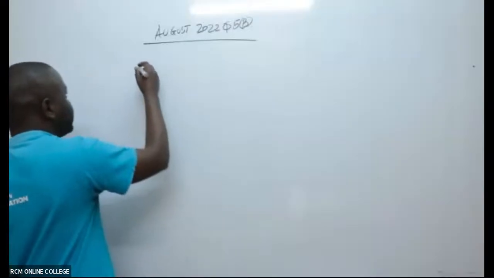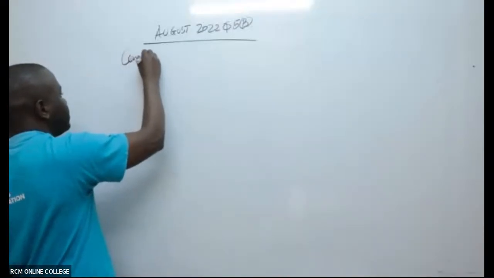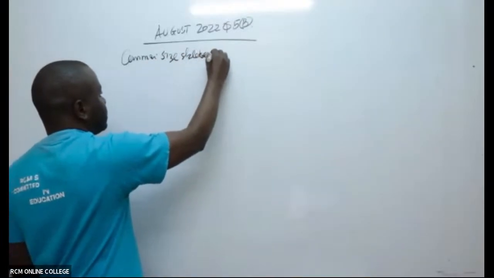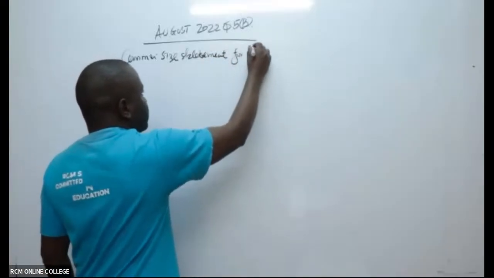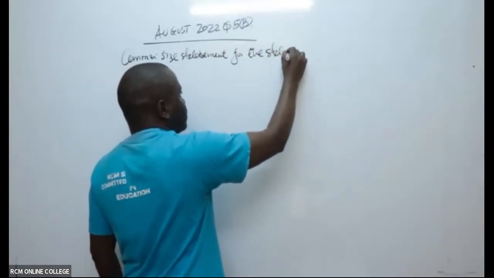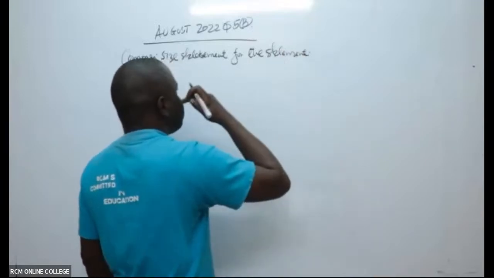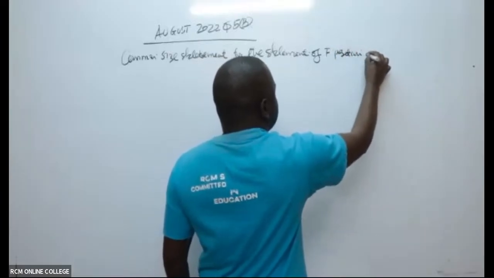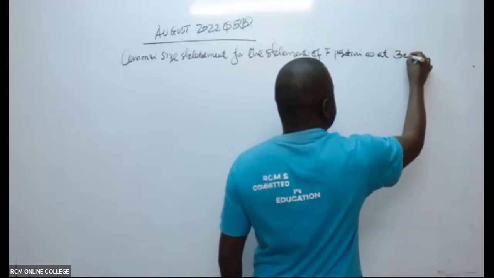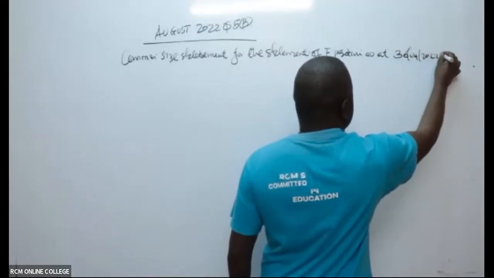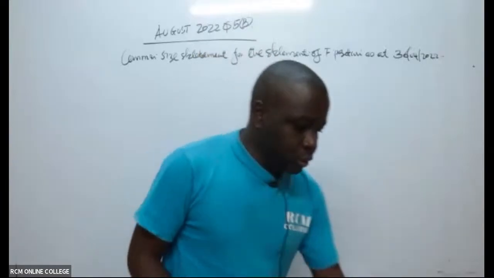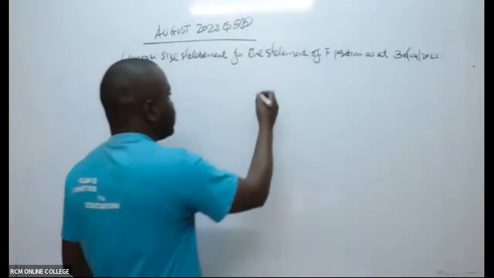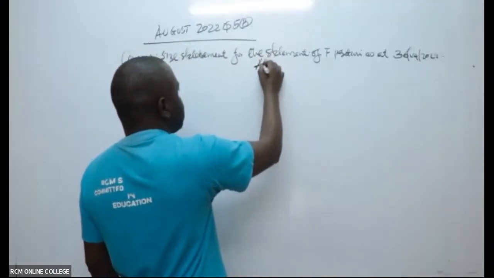So the common size statement for the statement of financial position as at 30th April 2022. You'll go to your balance sheet. Of course, we have the two companies, Cc and Cx.